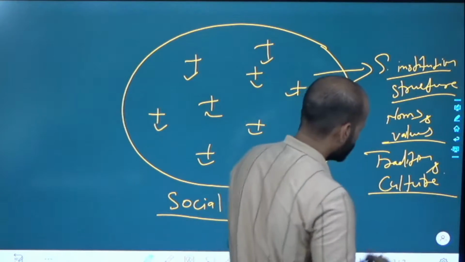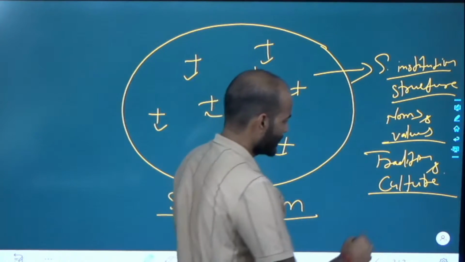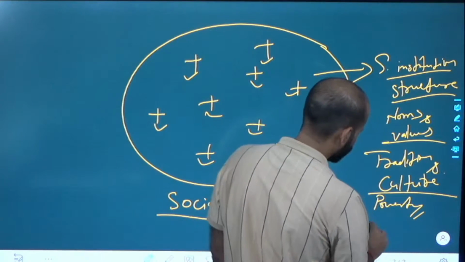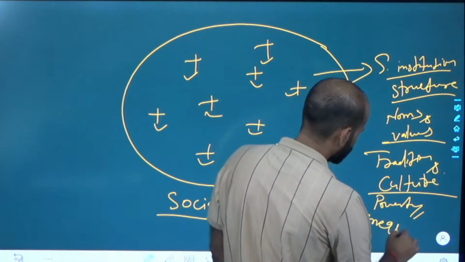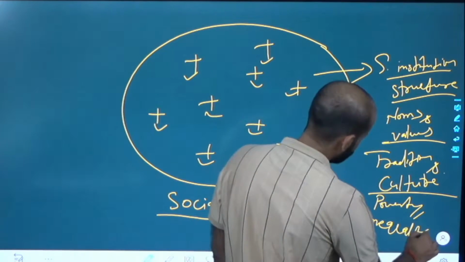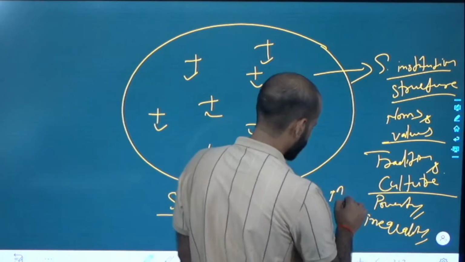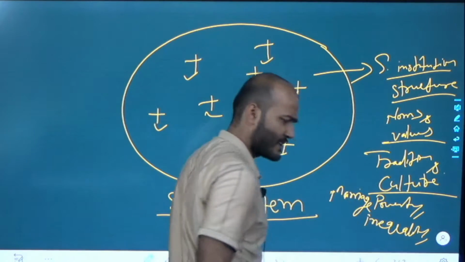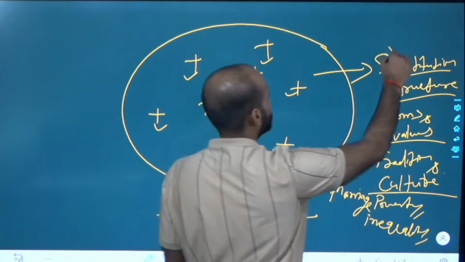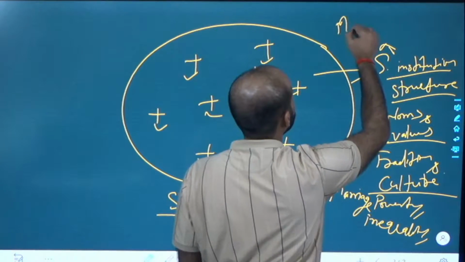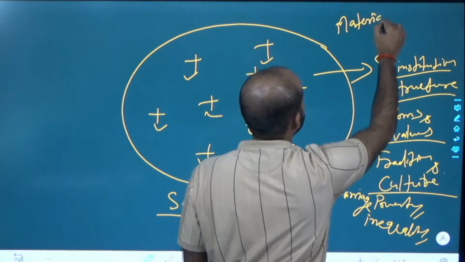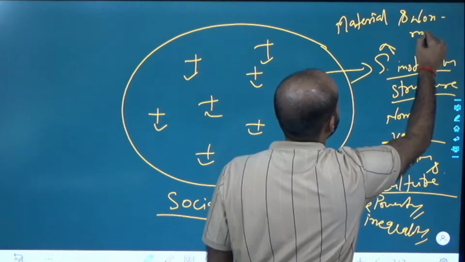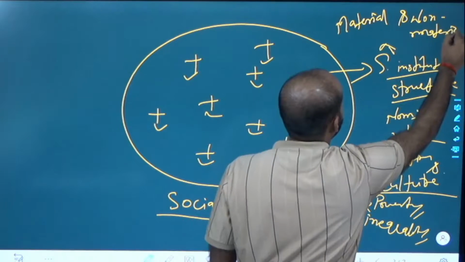Right? Anything: poverty, inequality, marriage, caste, class, creed, material and non-material.